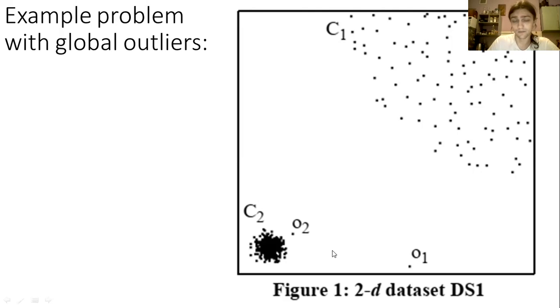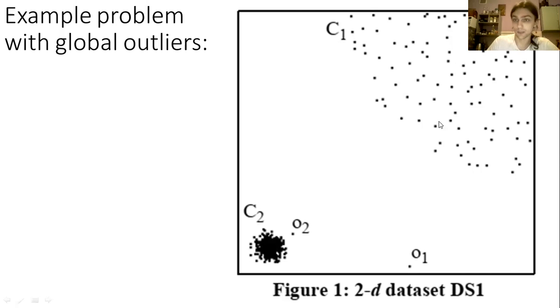But we also have point O2, and in this picture we have two clusters, C1 and C2. C2 has really high density: between two points in cluster C2, we have a really low distance.